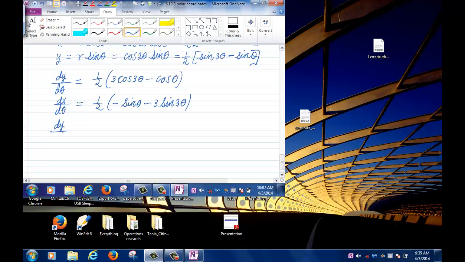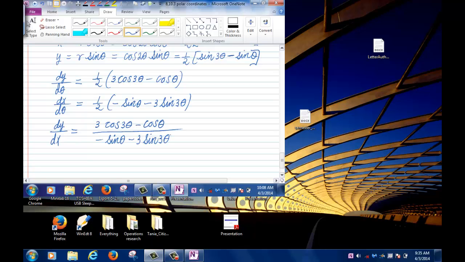And then dy dx would be the ratio of the two. So half cancels out. I get 3 cosine 3 theta minus cosine theta over negative sine theta negative 3 sine 3 theta.